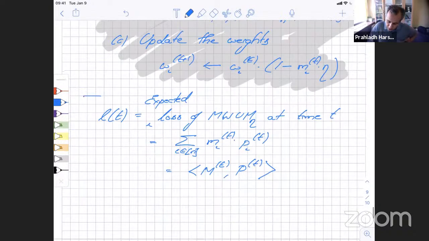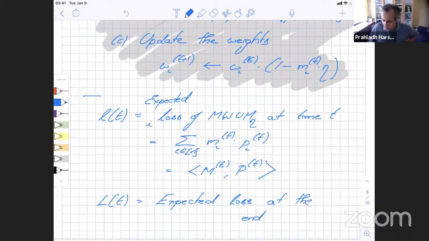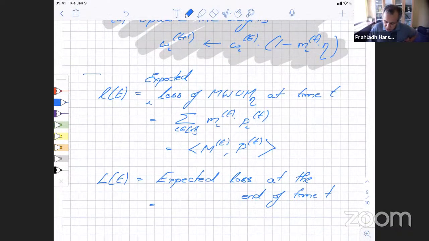And furthermore, this is the loss at each time step, and L of t is the expected loss at the end of time t. So this is just the summation of L of s going from 1 to t. This is the expected loss. So what we want to compare is the expected loss of the algorithm against the loss of any expert.